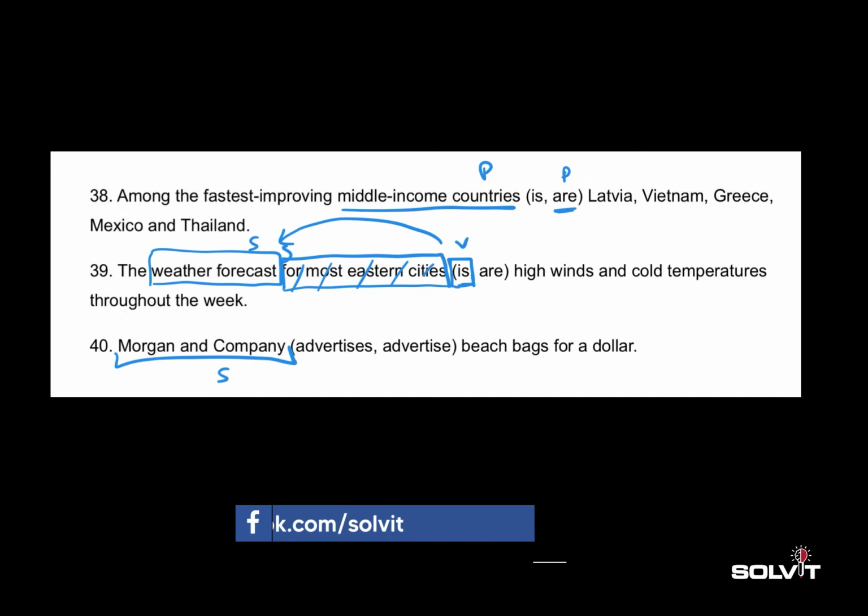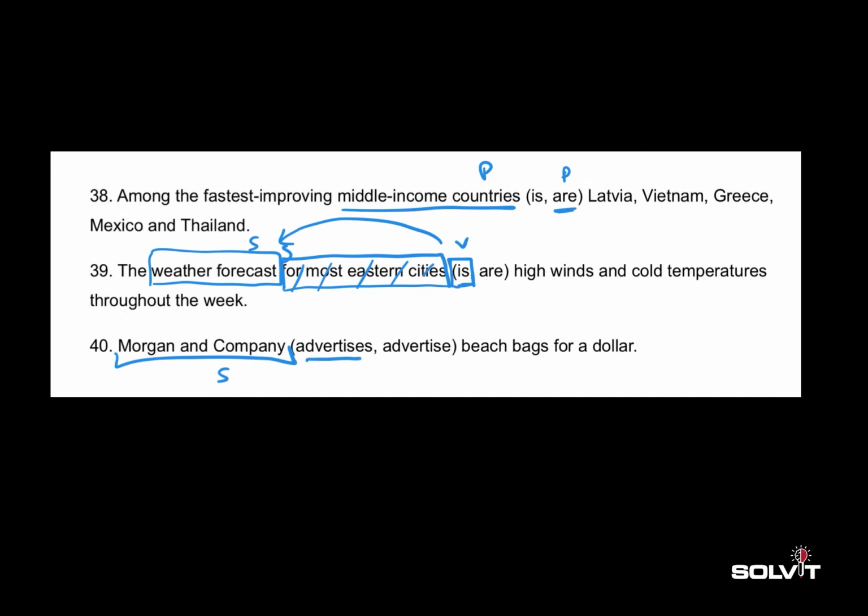Okay, Morgan and Company advertises beach bags for $1. So advertises is singular. And why did we choose advertises? Because Morgan and Company is one company, right? It's like saying committee, like when we studied the 12th rule, it was like saying a committee or a team or a group or a family, right? It's the same as that. So one company is singular, and so the verb that will go along with that will also be singular.